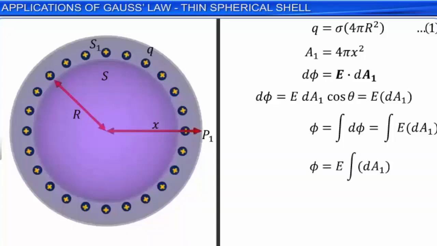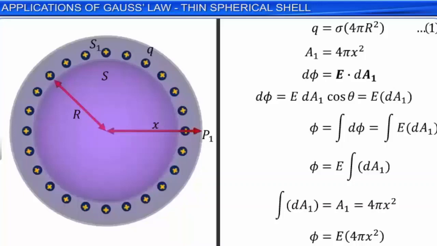Now, integral dA1 is equal to A1, where A1 is the area of the imaginary Gaussian surface S1, which is equal to 4 pi x square. Therefore, total electric flux phi is equal to E into 4 pi x square.